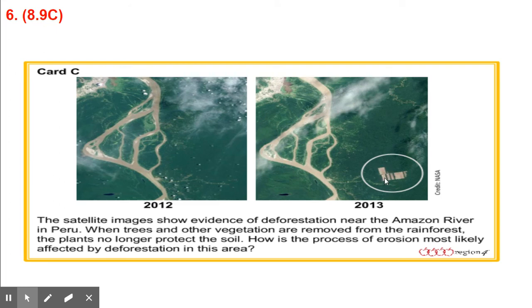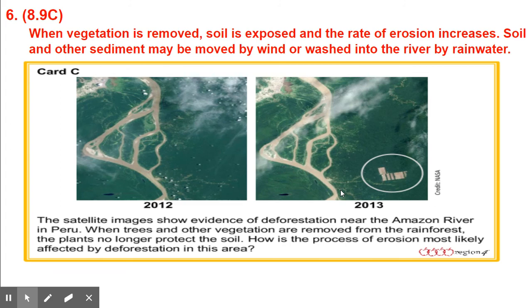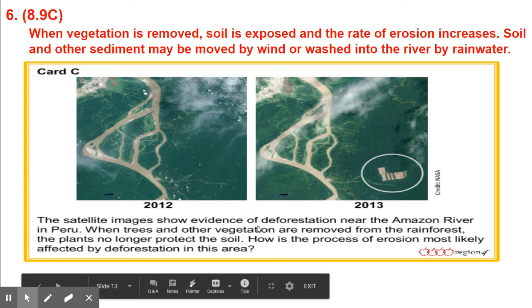So this area could increase and grow larger. So when vegetation is removed, soil is exposed and the rate of erosion increases. Soil and other sediment may be moved by wind or washed into the river by rainwater.